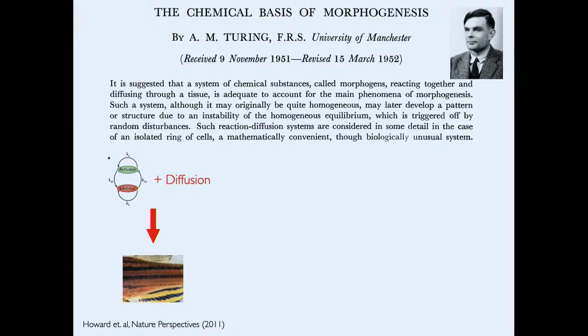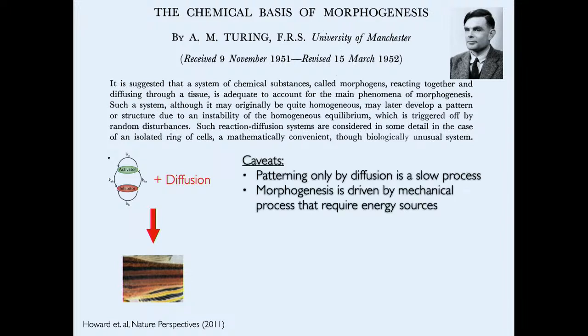But there are certain things one should take into mind, because if you think of achieving development of an organism simply by these reaction-diffusion processes, there will be some caveats, because diffusion is a very slow process. I will give you an example. In principle, these are not simply proteins which are diffusing.